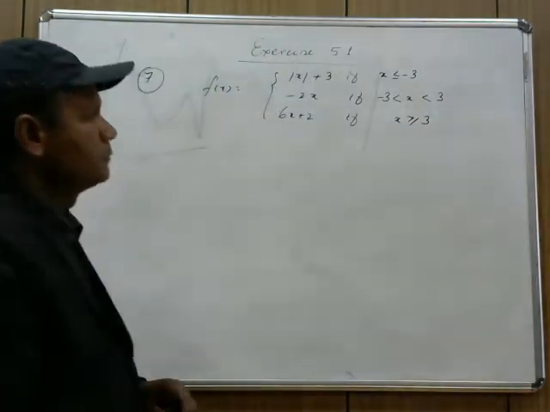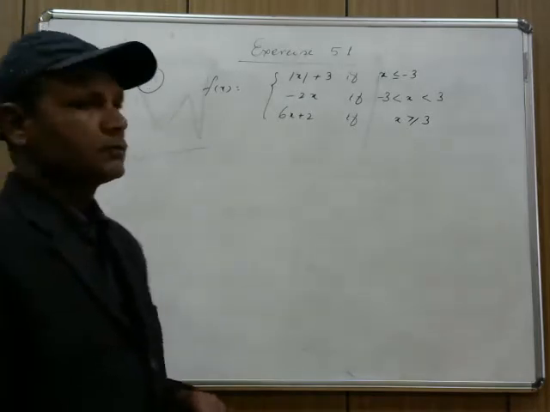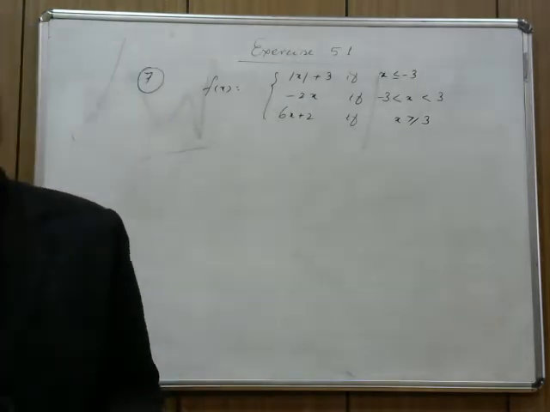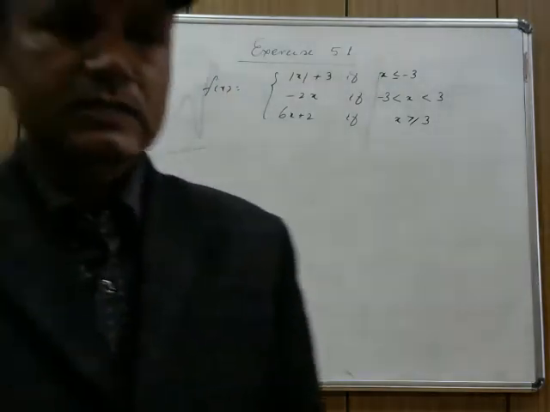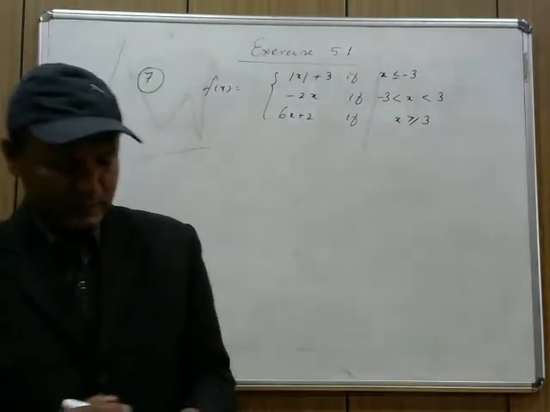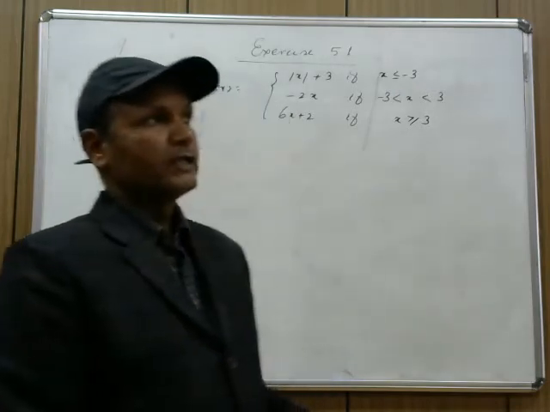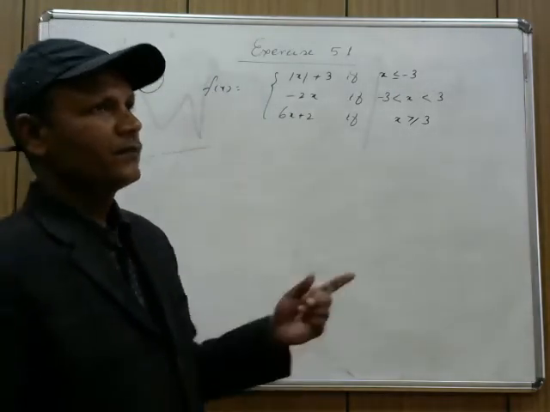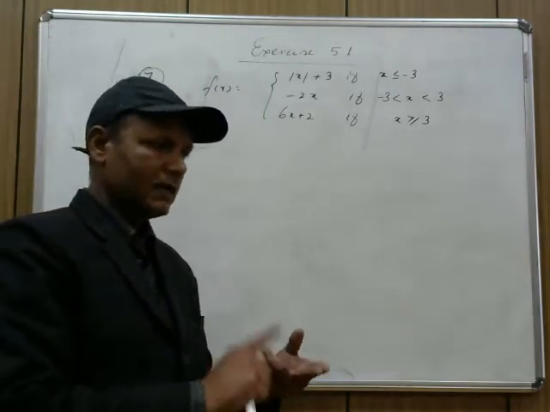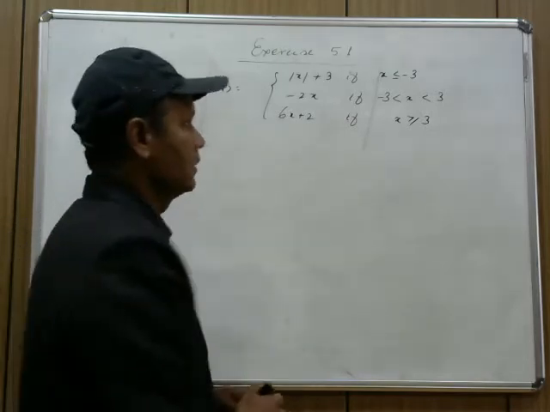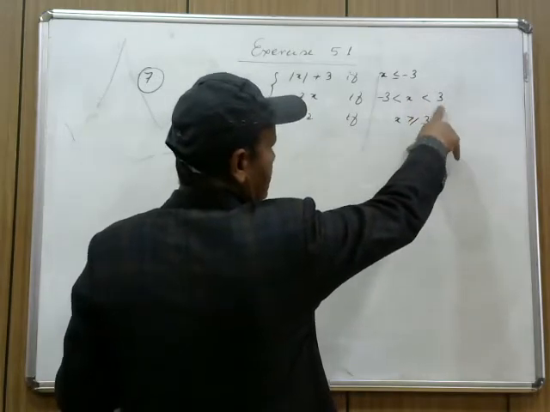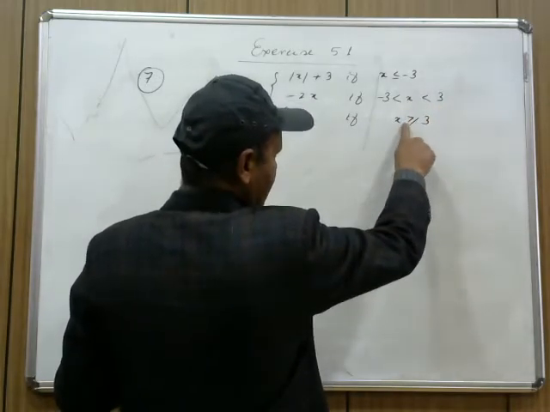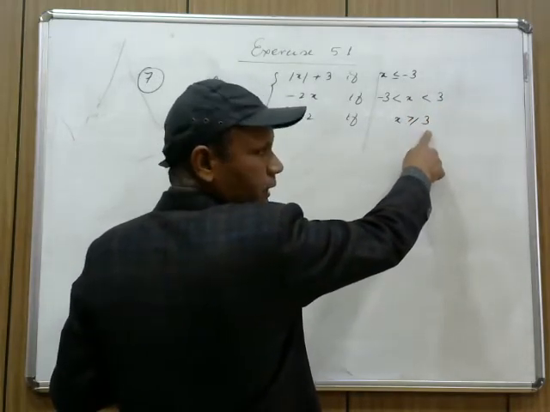See now, here we have two numbers, 3 and minus 3. That means we have to check the continuity of this function at the two numbers 3 and minus 3, and for that you check whether the function is defined at 3 and minus 3 or not. x is less than 3, yes. x greater than or equal to 3 is also there.